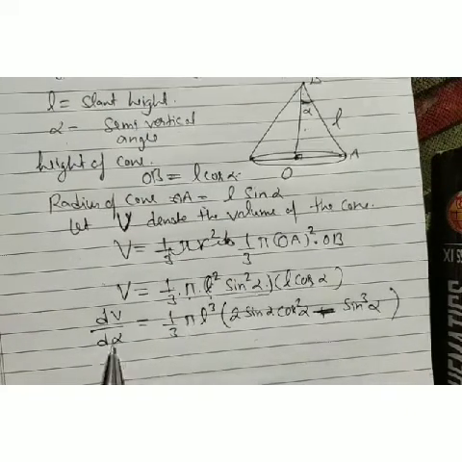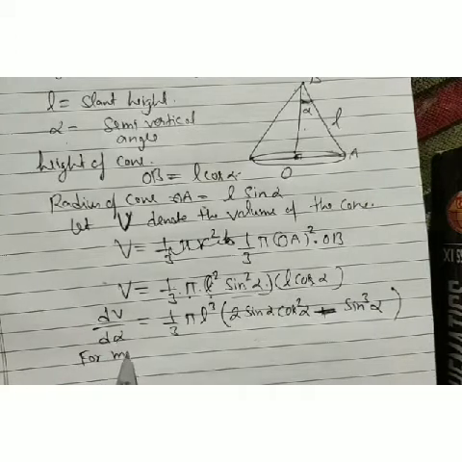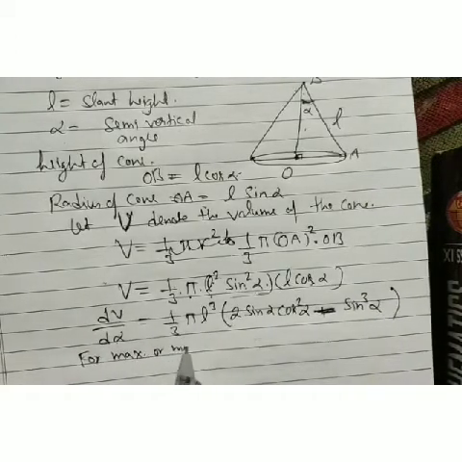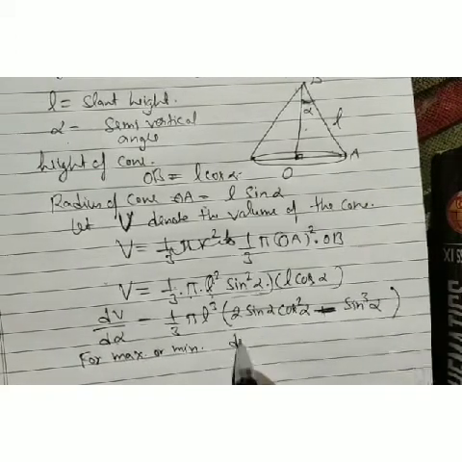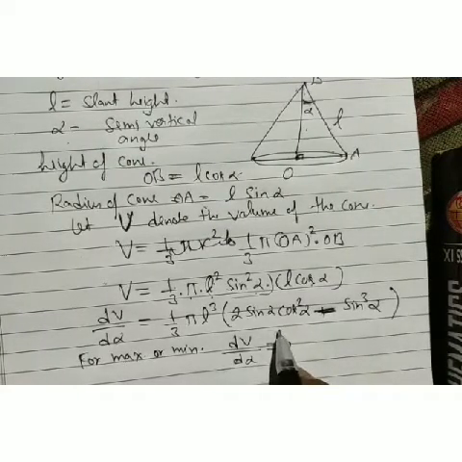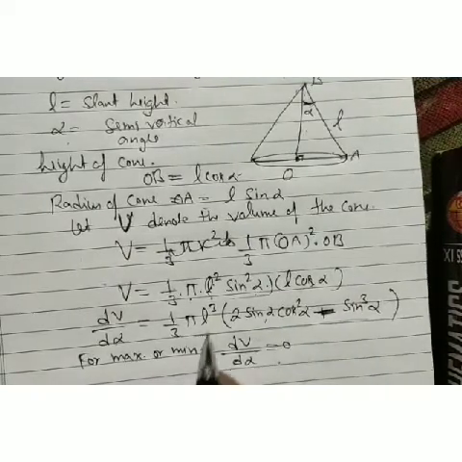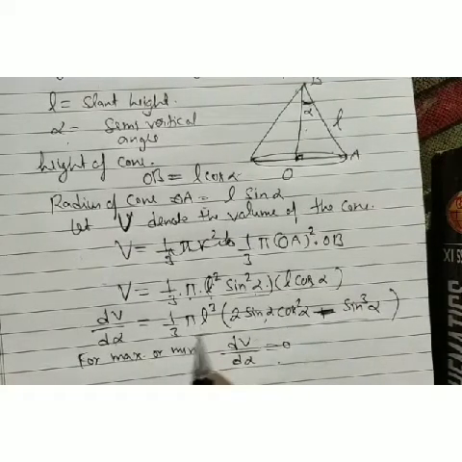Now what is our working rule? We have to find the first derivative, then equate it to get the maximum or minimum. For maximum or minima, we equate our first derivative equal to 0. When we equate this part equal to 0, these constant parts do not vanish, so they cannot be equal to 0.